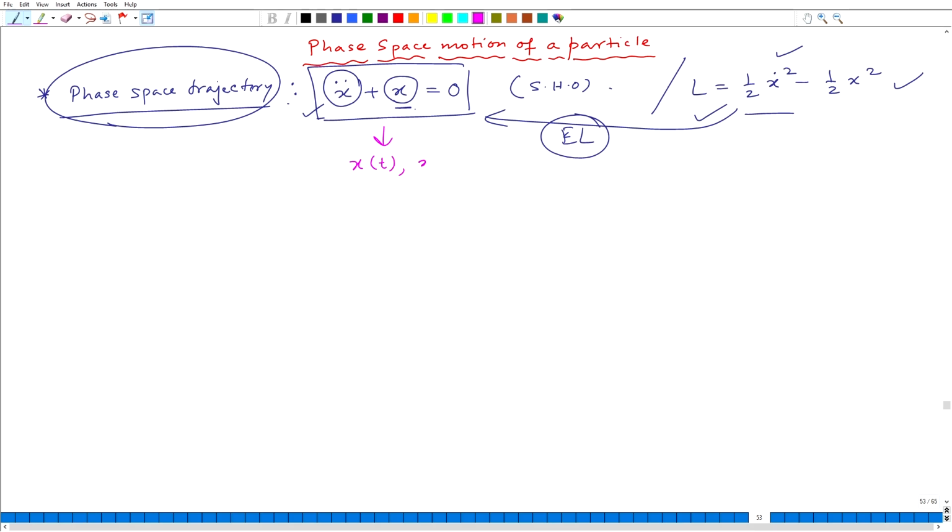Then once you get this, you just find x dot as a function of t, and then finally you can plot this in the phase space. Okay. Let us say it is x and it is x dot. You can plot that, and then you can say, okay, this is my phase space trajectory just for 1D motion.